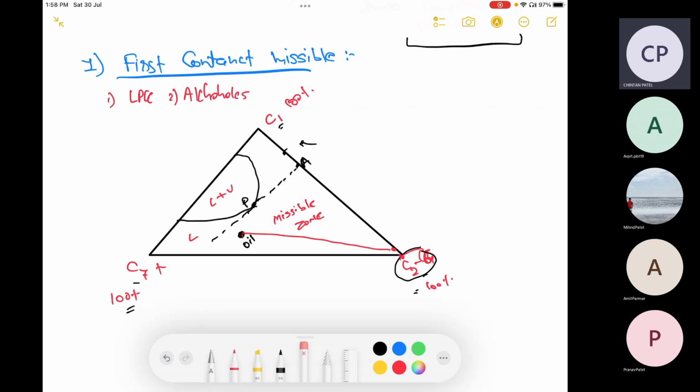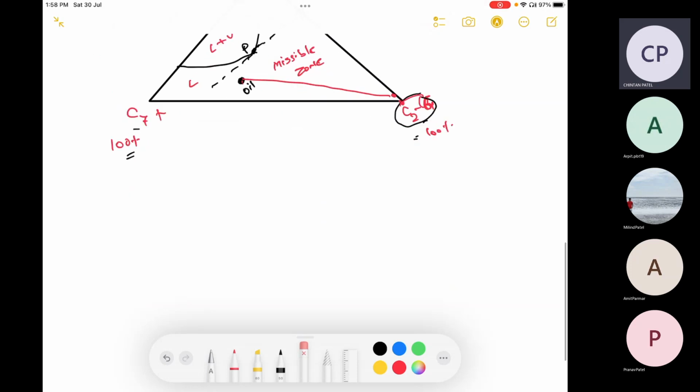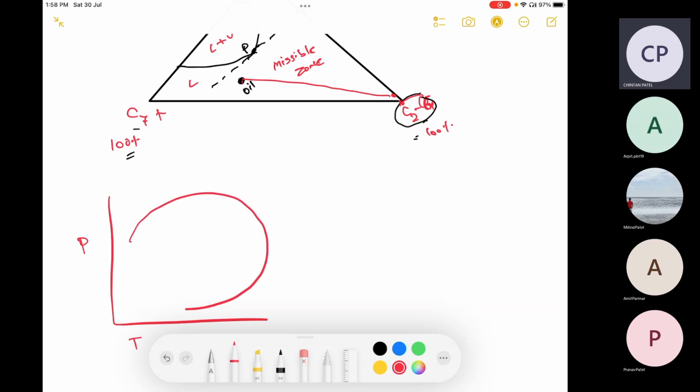Second thing, I'm talking about a pure component. Suppose this is a simple phase diagram for a crude oil, pressure versus temperature, something like this. This is my critical point.